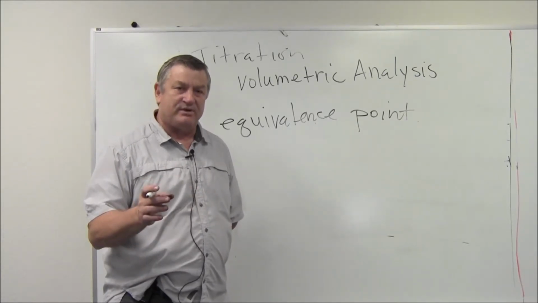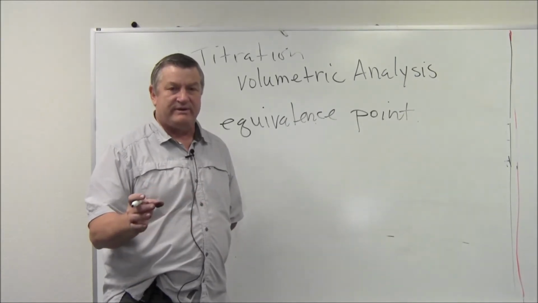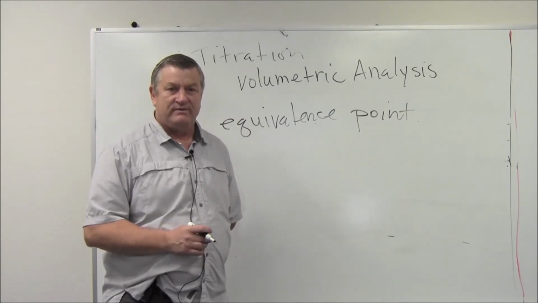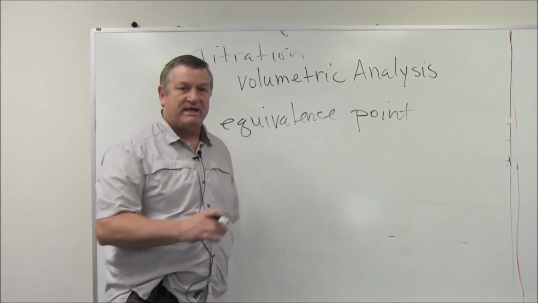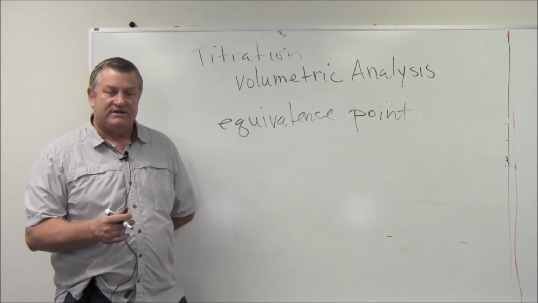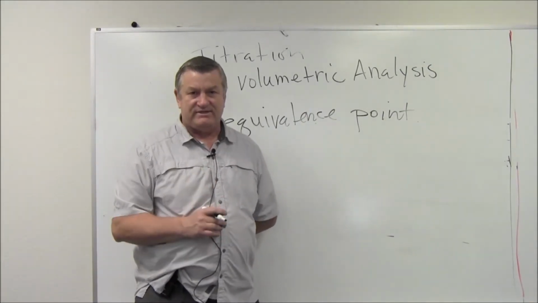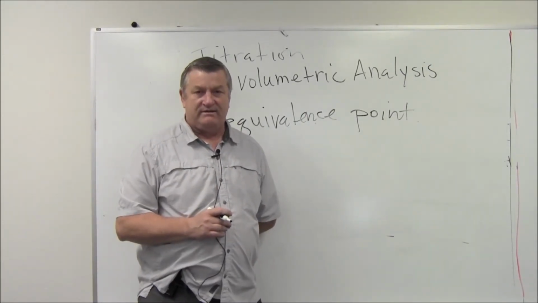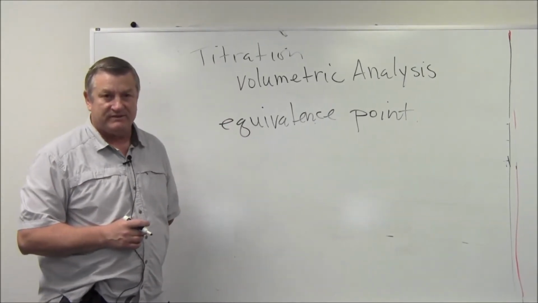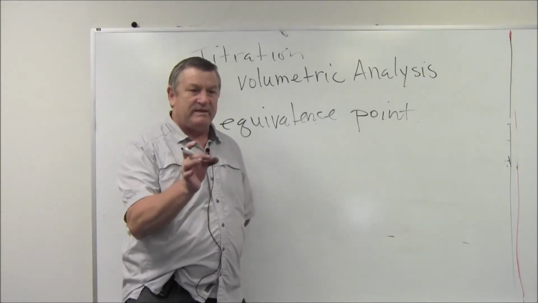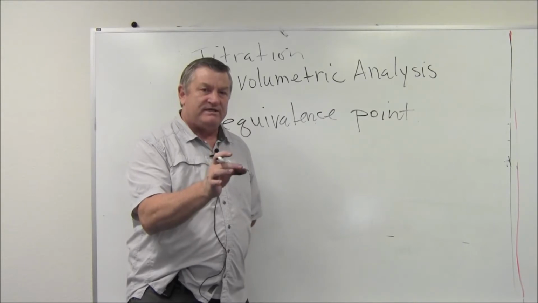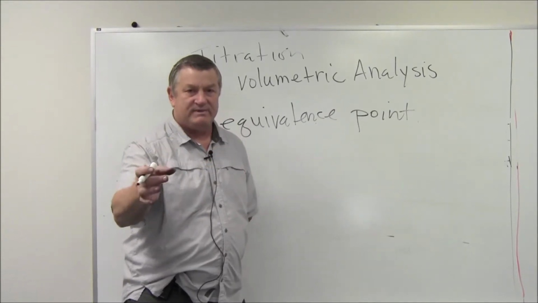And the reason why that's important, as soon as we know we're at the equivalence point, we know the mole amounts in our solution with the reaction are in proportion to our moles in the balanced equation. So once we know that, we can use the balanced equation to do chemical stoichiometry. And so remember, when we do stoichiometry with the balanced equation, we can convert any species in the equation to another species.